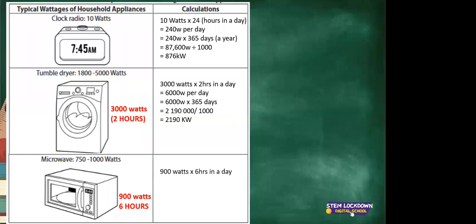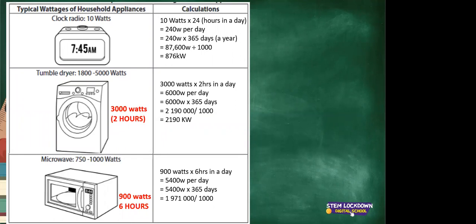Same thing with our microwave. We're going to use 900 watts for 6 hours. We use 5,400 a day, and we times it by 365 days to find out how much we utilize throughout the year. And we get 1,971,000.